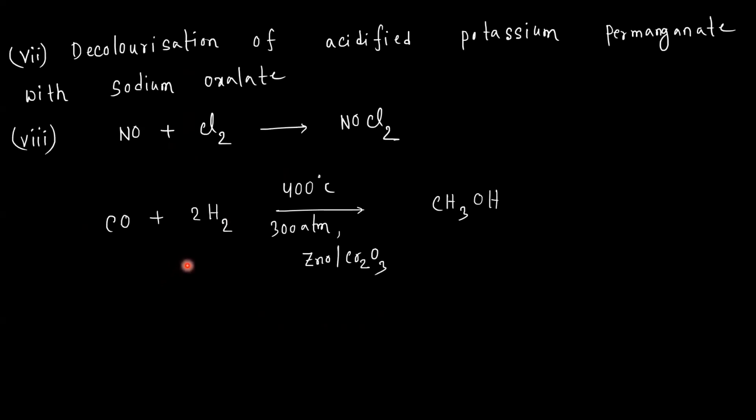Chemical reactions can be speeded up or slowed down by changing the specific conditions under which they occur. For example, the reaction between carbon monoxide and hydrogen to form methanol can be speeded up by maintaining the temperature at 400 degrees Celsius and pressure at 300 atmospheres, and by using some catalyst like zinc oxide or chromium oxide.